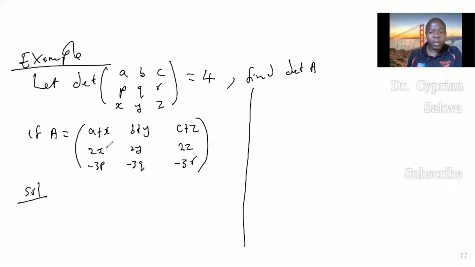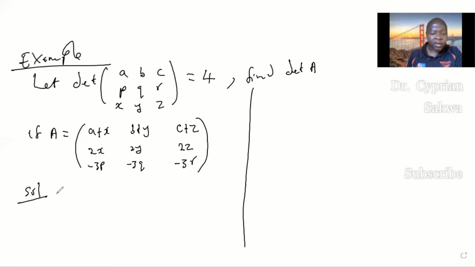If we multiply a row of a matrix by a constant, then the determinant of the new matrix will be the original determinant times that constant. So in this matrix, I had a row of X, Y, Z here. This row has been multiplied by 2. I had a row of P, Q, R. It has been multiplied by negative 3.